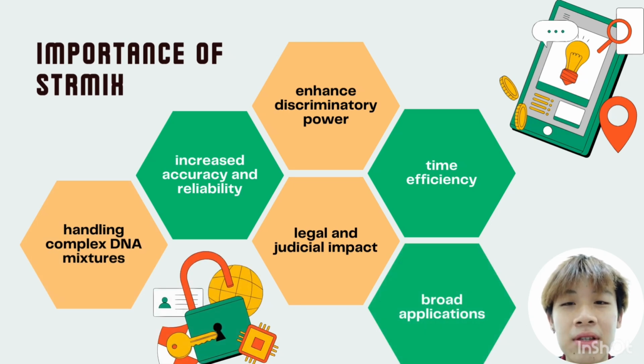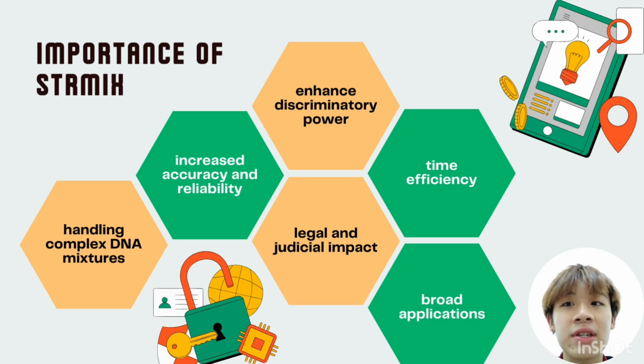Now, the importance of STRmix is that crime scenes often yield samples that are mixtures of genetic material from multiple individuals, and STRmix is designed to handle these complex mixtures, providing clarity where traditional methods might fail. It can accurately identify and separate the contributions of multiple individuals even when their DNA is present in unequal amounts.